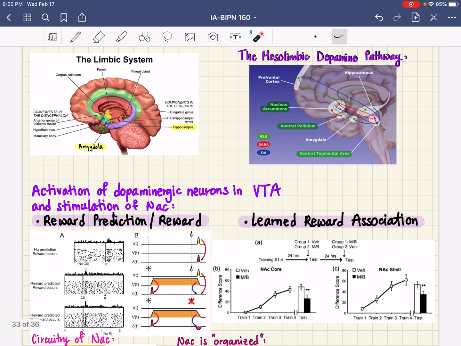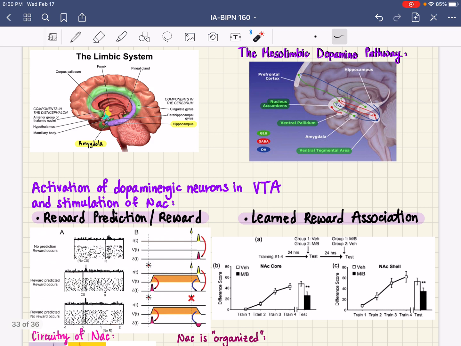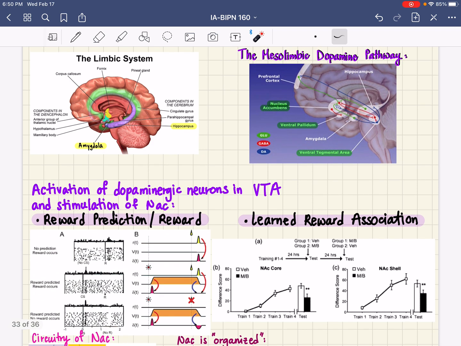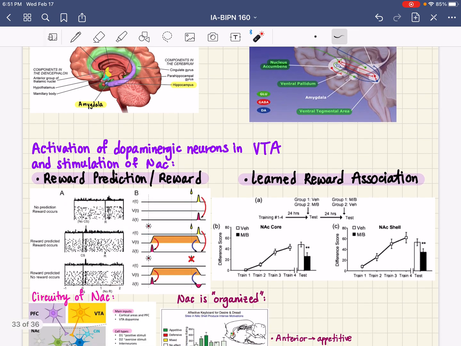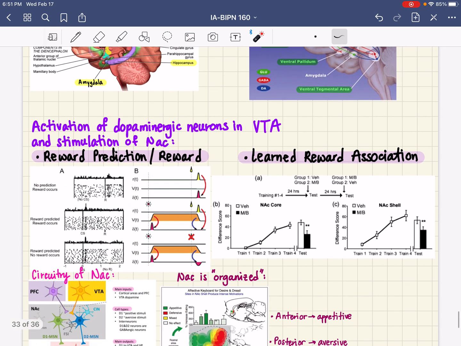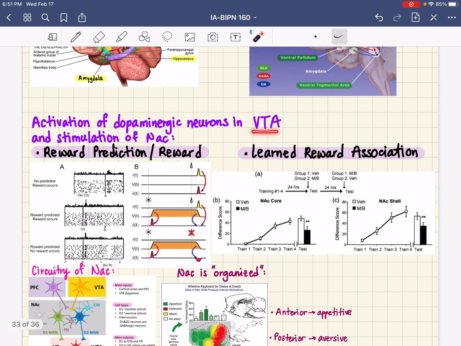Now, the rest of this lecture, we talked about specifically the VTA, then the nucleus accumbens, then the VP. So let's start talking about the VTA. So as I stated earlier, the VTA becomes activated, and when it does, it releases dopamine from its dopaminergic neurons, and it stimulates the nucleus accumbens.